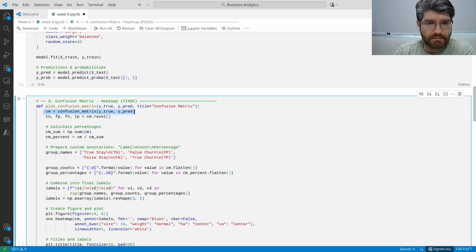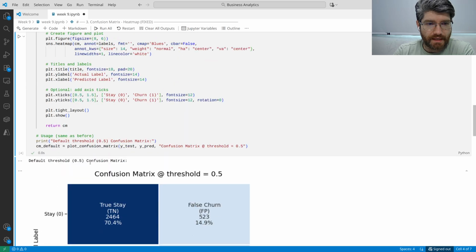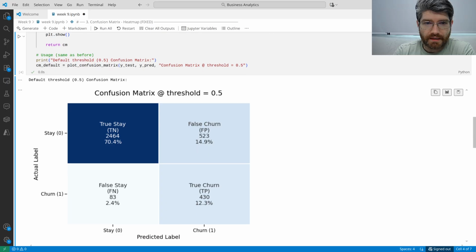So this is the most important thing, the confusion matrix. And let's visualize it. In our synthetic data set that mimics customer churn, we have a huge number of customers. You can see the overall number of customers is over 3,000.